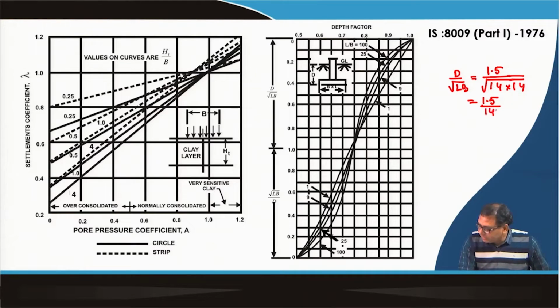So, this value is 0.11 and L by B is equal to 1 for square. So, this chart is for 1.